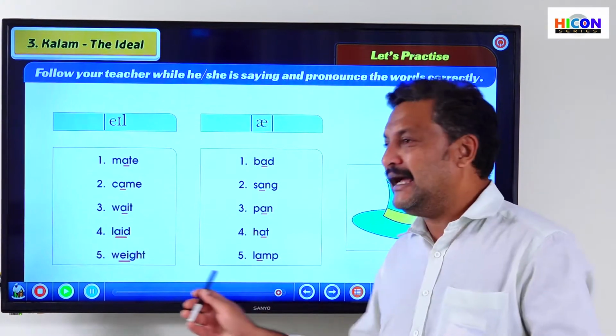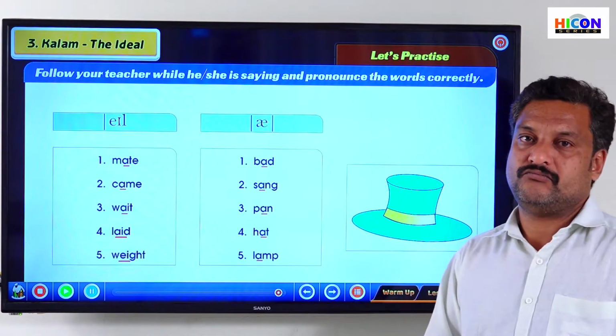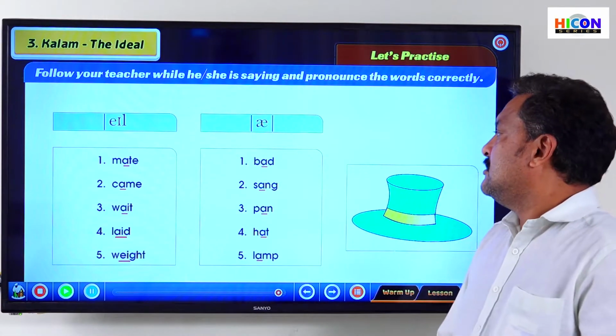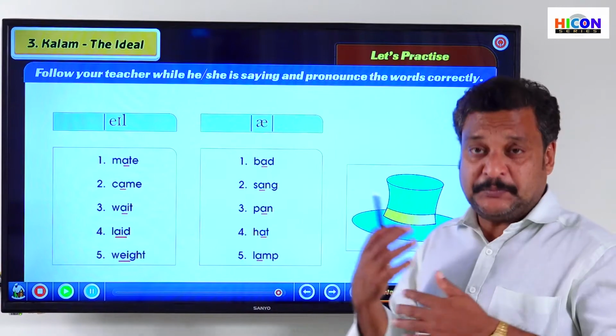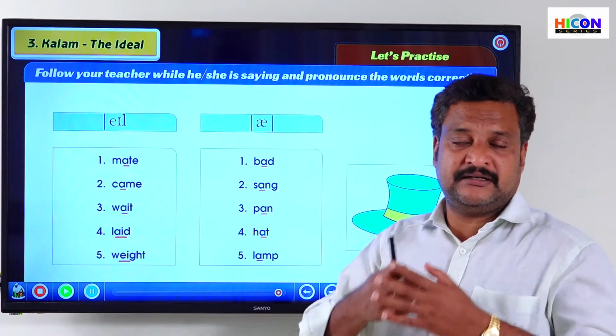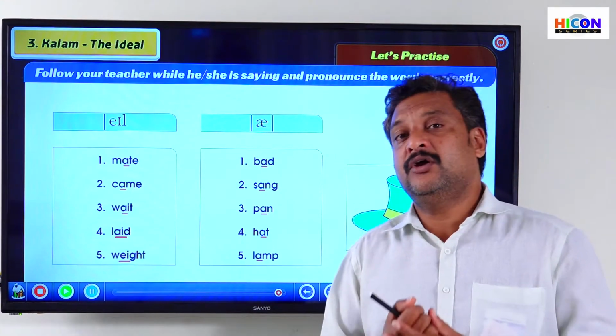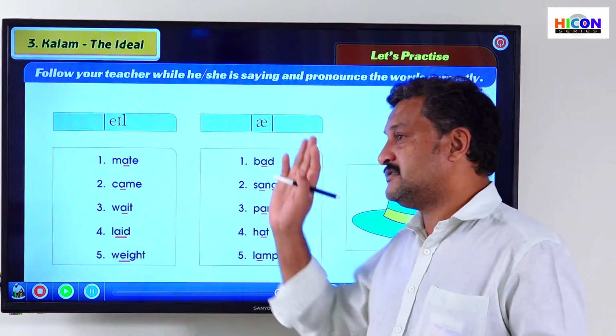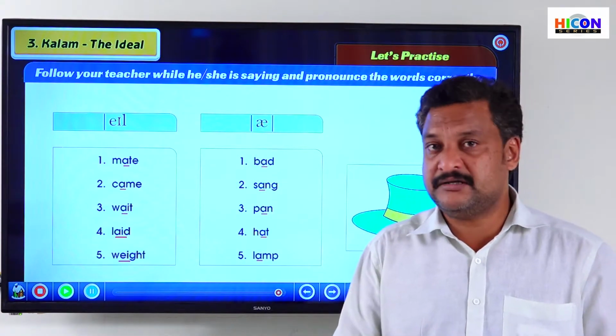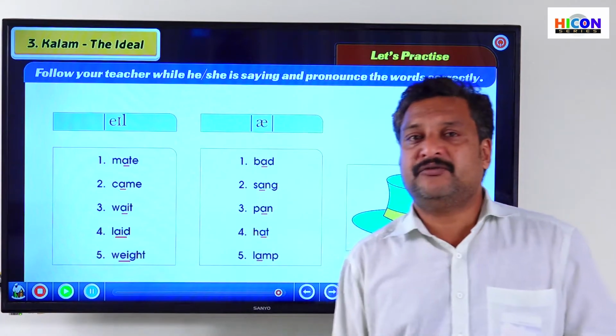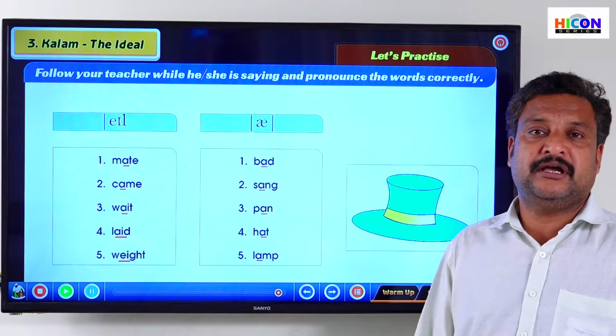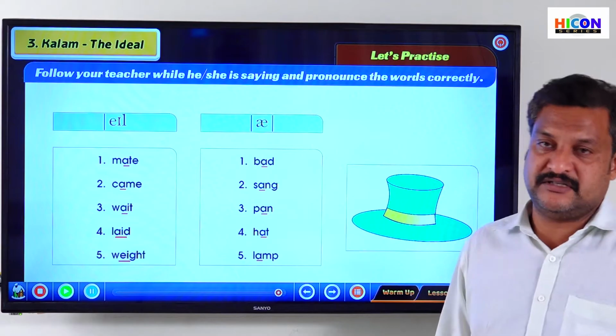Weight, lamp. Right? So, we have to practice it thoroughly. We have to practice it regularly and thoroughly. Only then can we pronounce perfectly. Right? So, I'll keep the screen the same for another minute so that you can practice it by yourselves once again. Right?